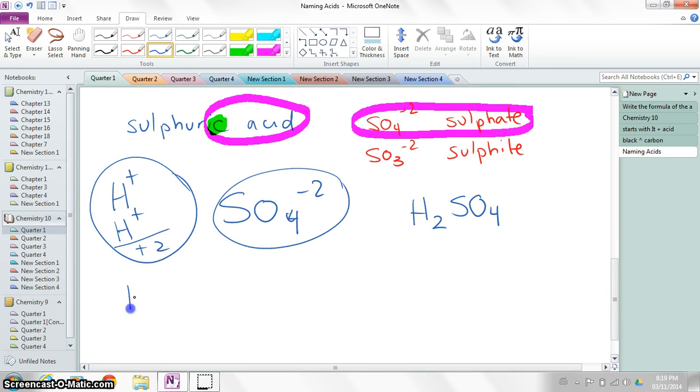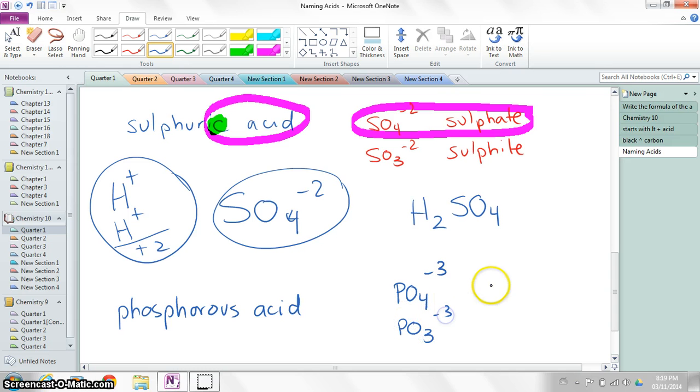Similarly, if I had phosphorous acid, so you look up on your polyatomic ion table, you notice there's a PO4 -3 and a PO3 -3.